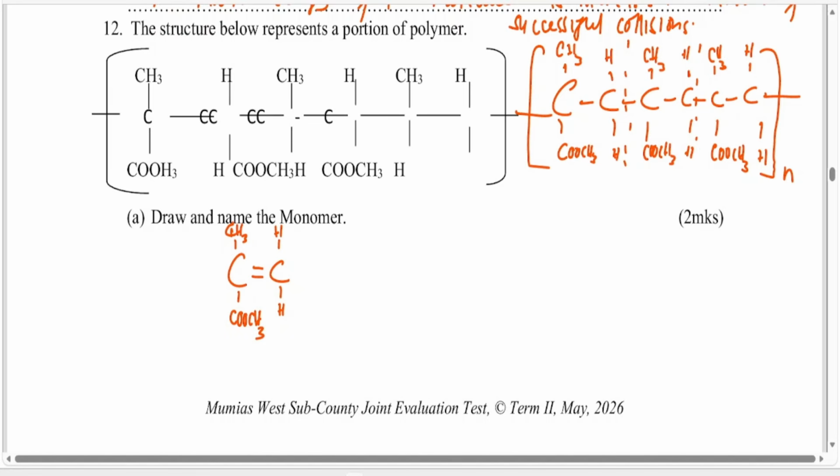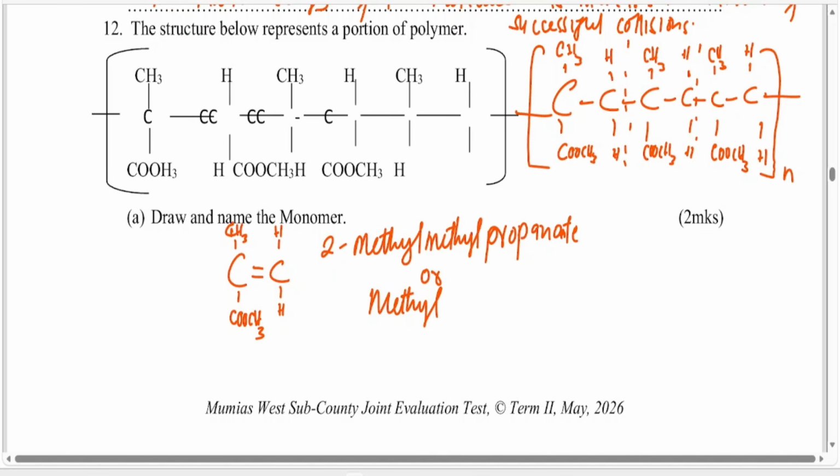The name of this monomer is methyl 2-methylpropenoate, also called methyl methacrylate.